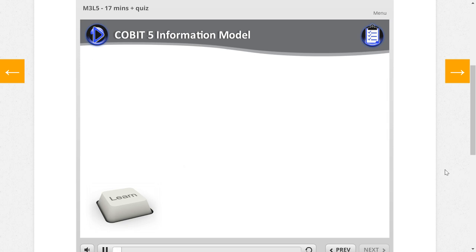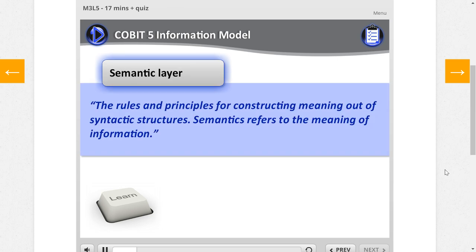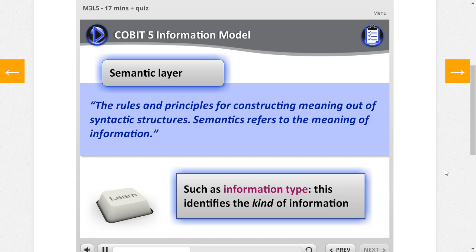Above the syntactic layer is the semantic layer. COBIT describes this as the rules and principles for constructing meaning out of syntactic structures. Semantics refers to the meaning of information. This is best explained by giving you some examples. Information type. This identifies the kind of information.